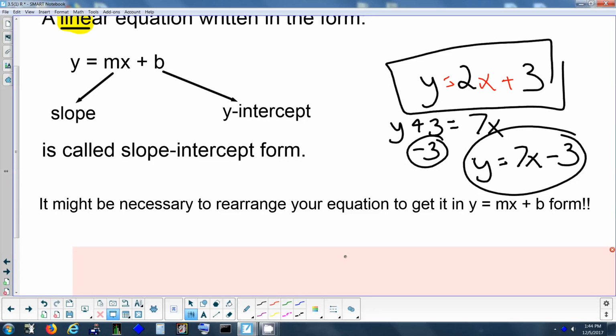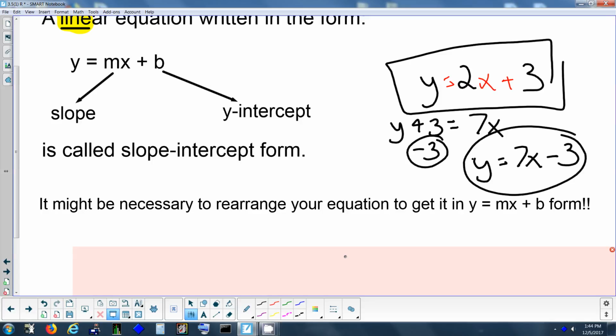Don't put the x. When we're asking what the slope is, the x is just a hint that the number right next to it is the slope. You do not write the x, you'll be wrong. X is not part of the slope. It's just telling you that the number next to it is the slope.